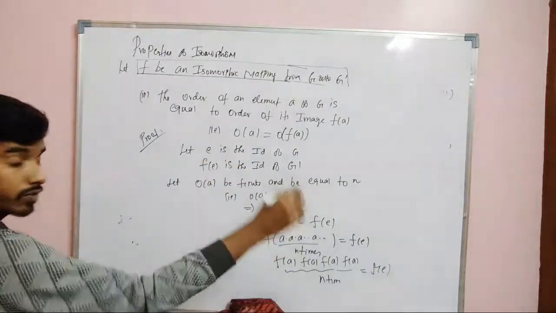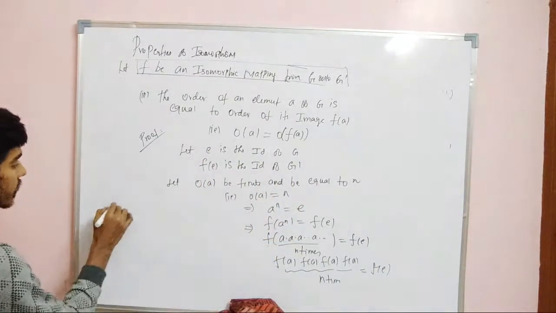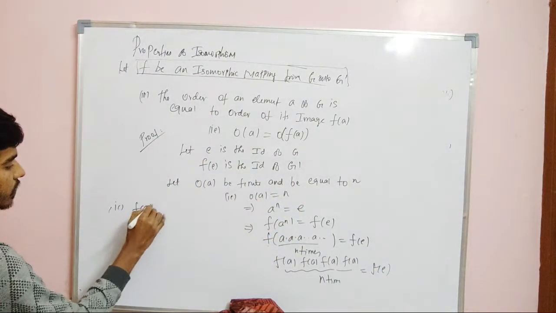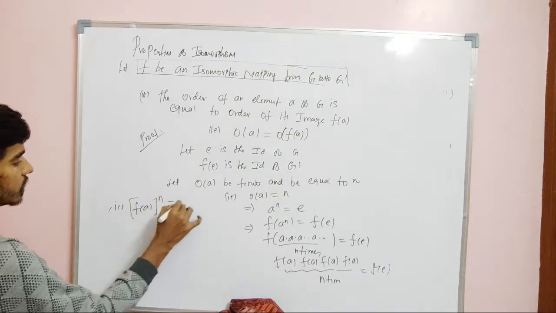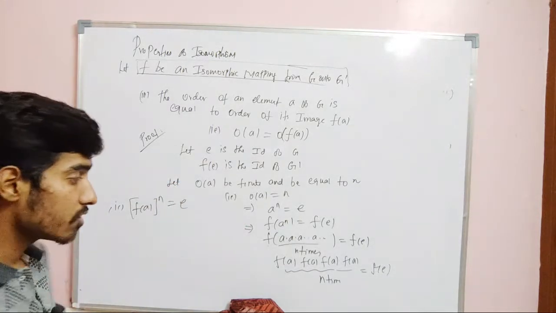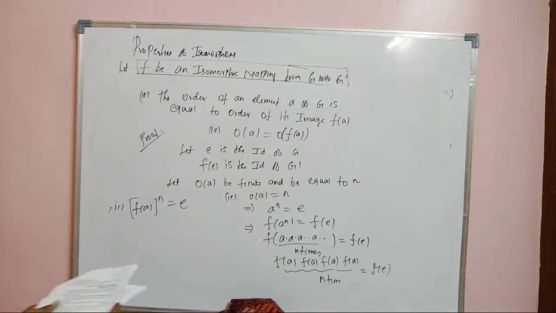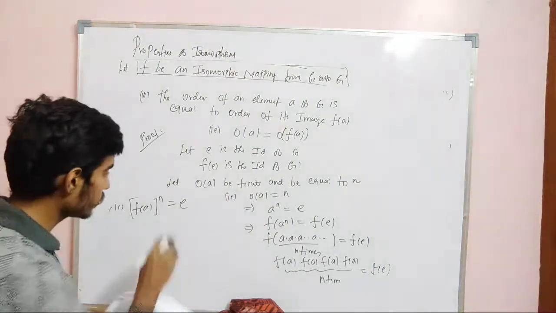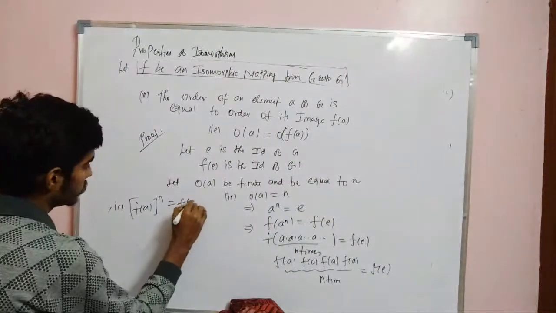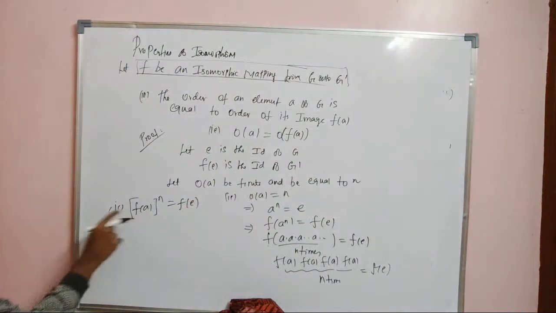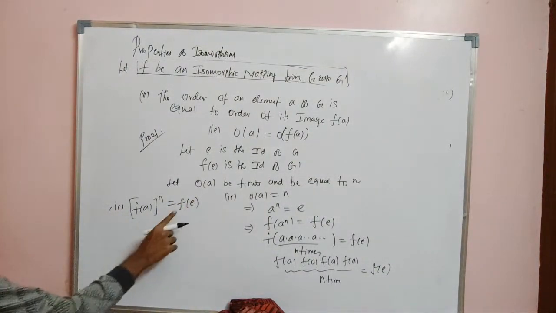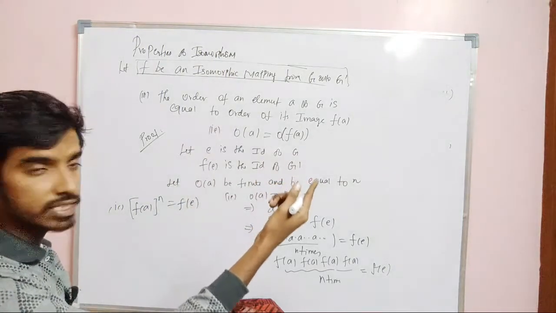So we have f of a, n times, that is f of a whole power n, is equal to f of e. f of e is the identity element of g dash.